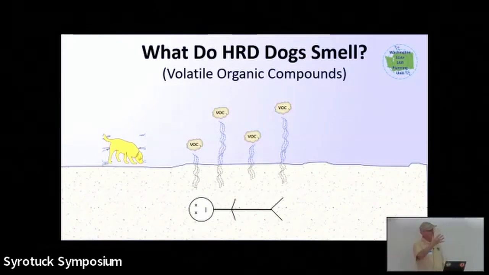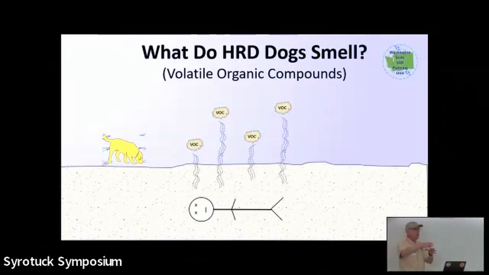I'm not an expert on this, but there's a sort of a side branch of HRD dogs, historically trained or historical HRD dogs that in their training are trained to detect extremely low odor thresholds, like going out to Civil War cemeteries. And these are the types of dogs we're using for the Fort Simcoe project. And they've been shown to be able to locate human remains hundreds of years old, or possibly more.